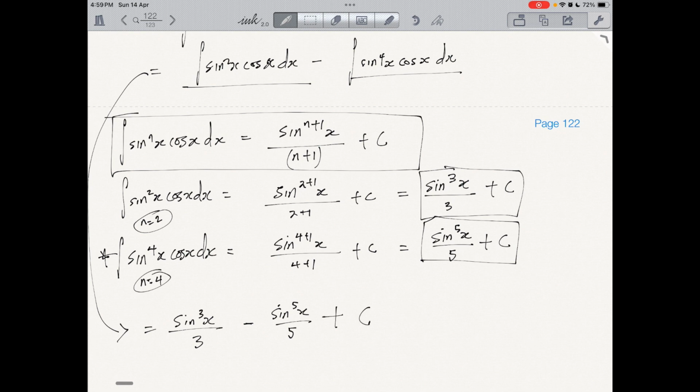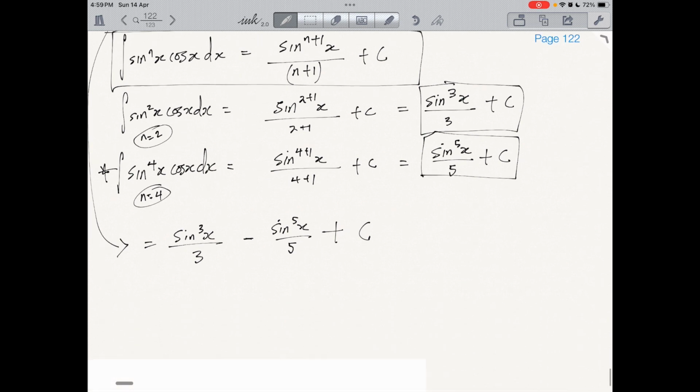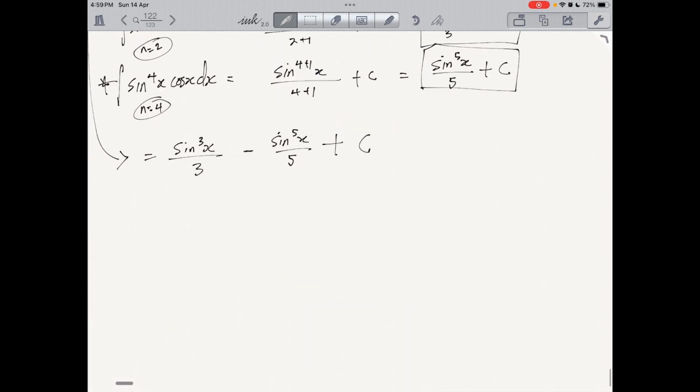As we conclude this video, let us recall the two ways of integrating the powers of sine. When we integrate cos n theta sine theta d theta, we will have minus cos n plus 1 theta divided by n plus 1 plus c.